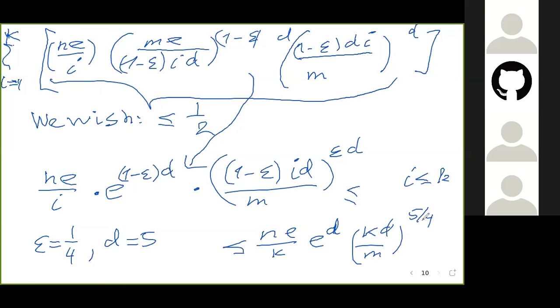And now we see how we can choose our parameters. So we have already chosen d is 5, so here we can also replace by 5.